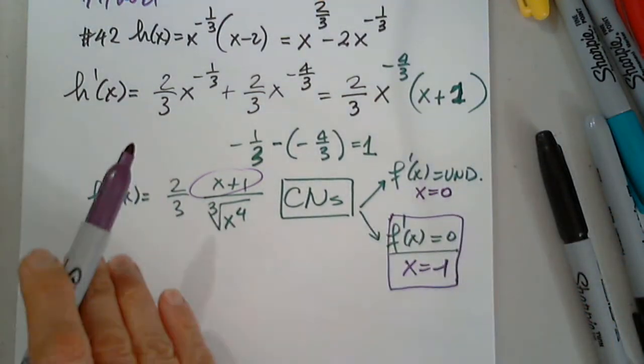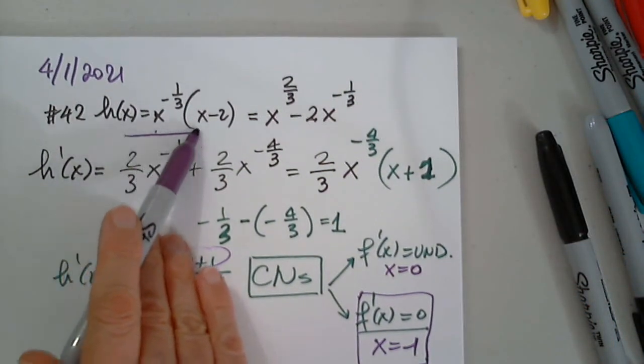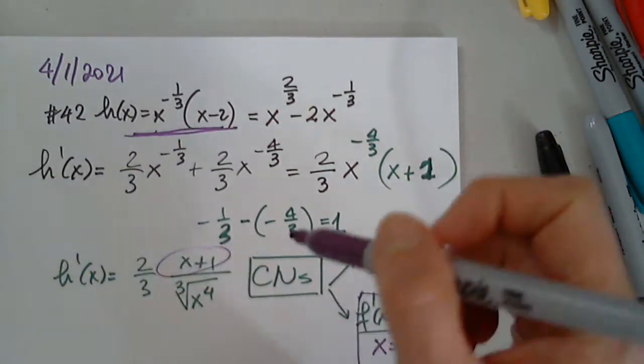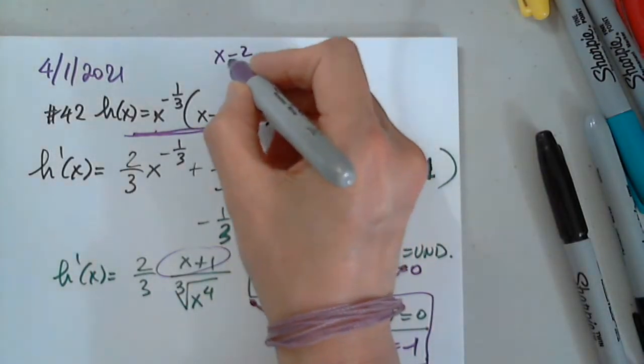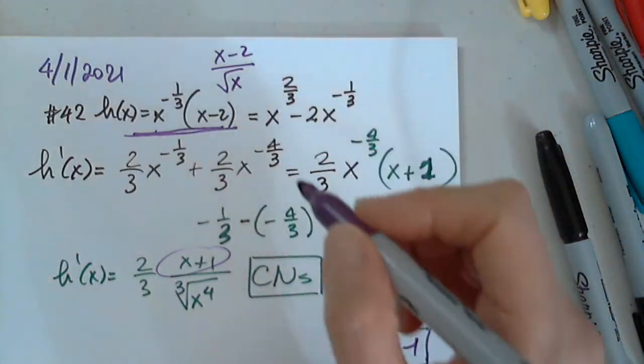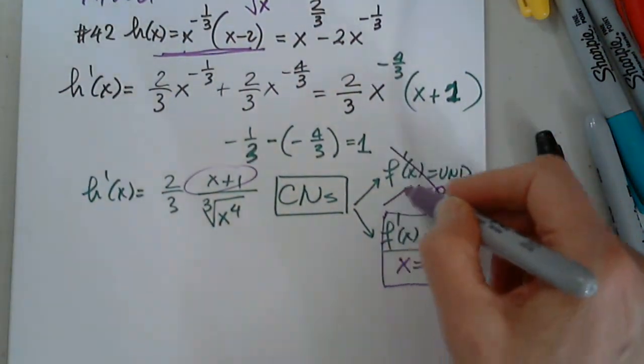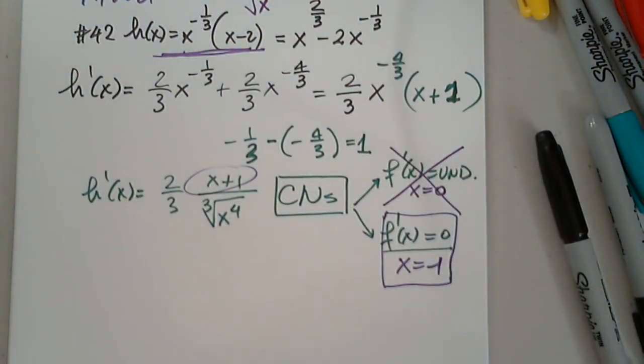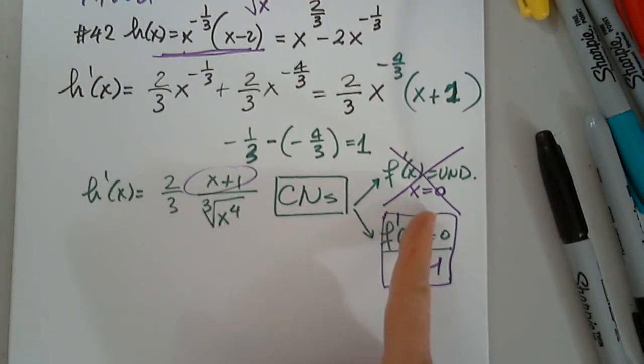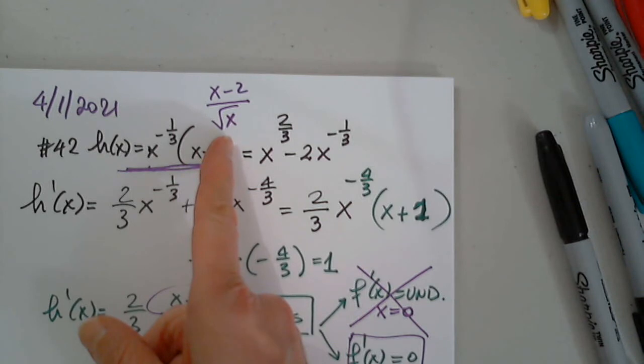However, this function is not defined when x is 0, because this is basically x minus 2 over the cube root of x. So this is not a critical number. It is indeed the first derivative is undefined at 0, but so is the function.